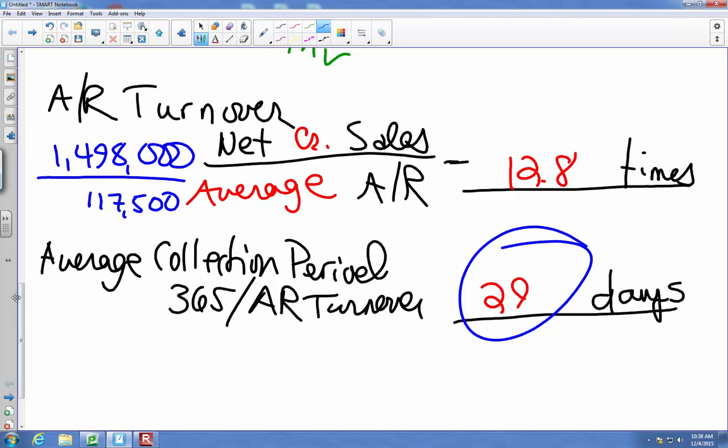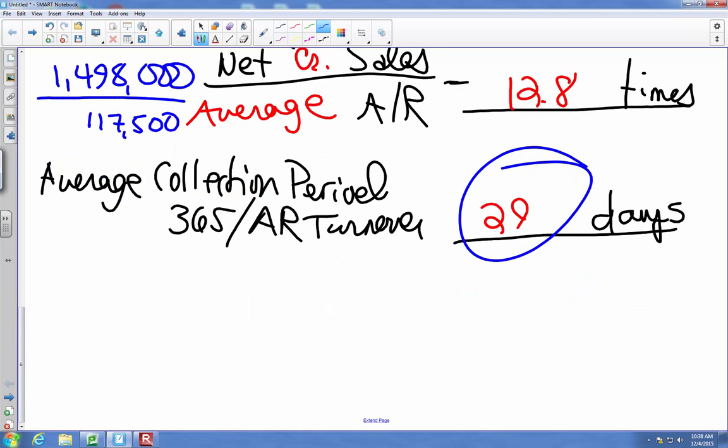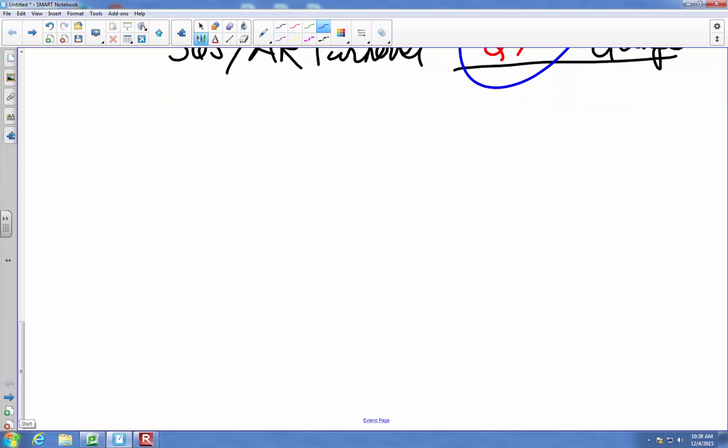Okay, and then the last two in this broad category of asset management / liquidity are inventory turnover and days to sell. So this is that part of the circle. How many times do I sell, do I turn my inventory over?